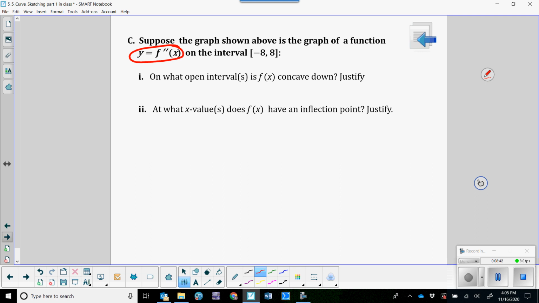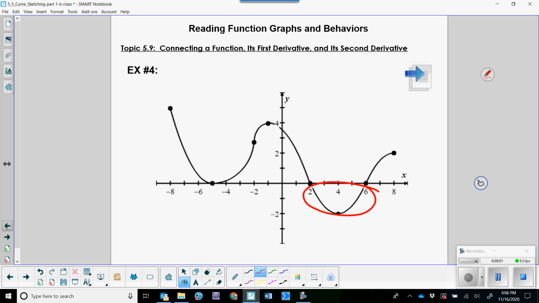So it would be concave down on 2 to 6 because f double prime of x is less than 0 there, okay? And then again, it asks me about inflection points. Well, again, if I think about this graph, this is supposed to be f double prime.